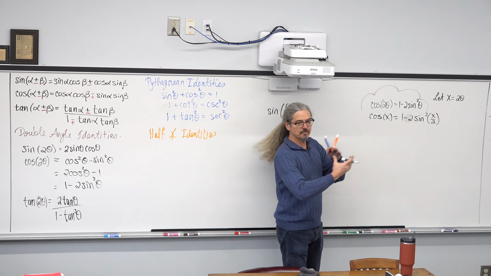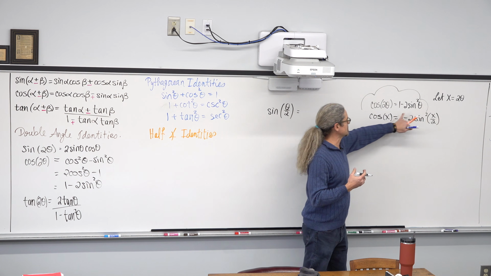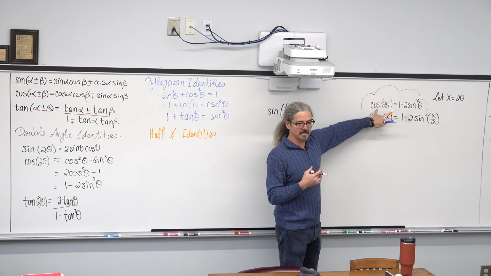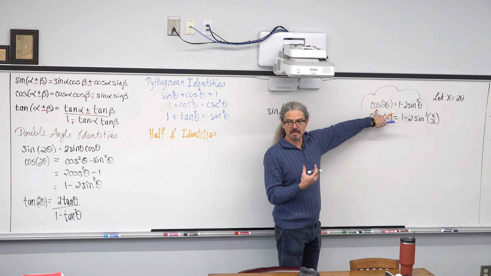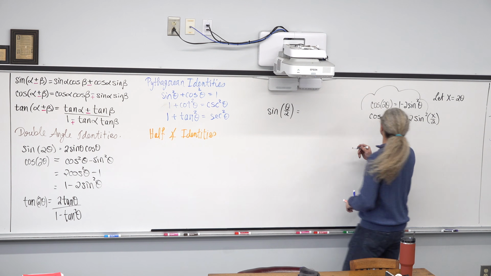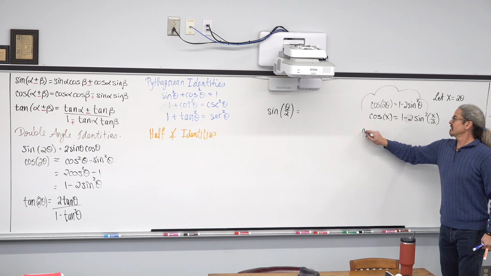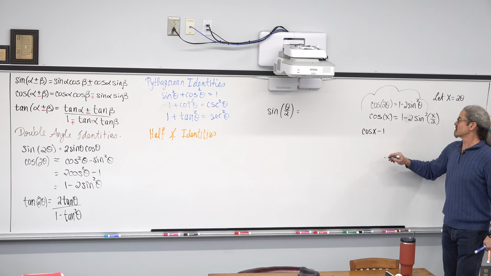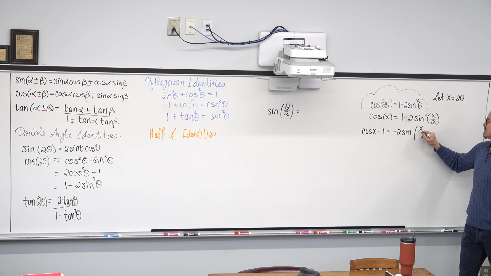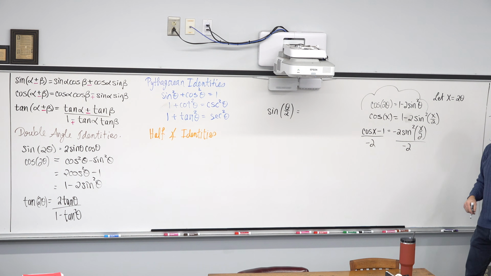So we're just going to reorient the terms and factors and coefficients of this double angle identity and create our half angle identity. So we're going to subtract both sides by 1 and get the cosine of x minus 1 is equal to negative 2 sine of x over 2 squared. So divide by negative 2.